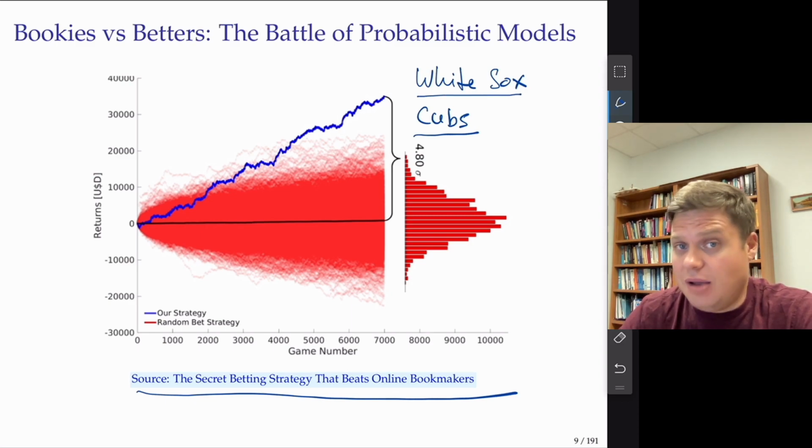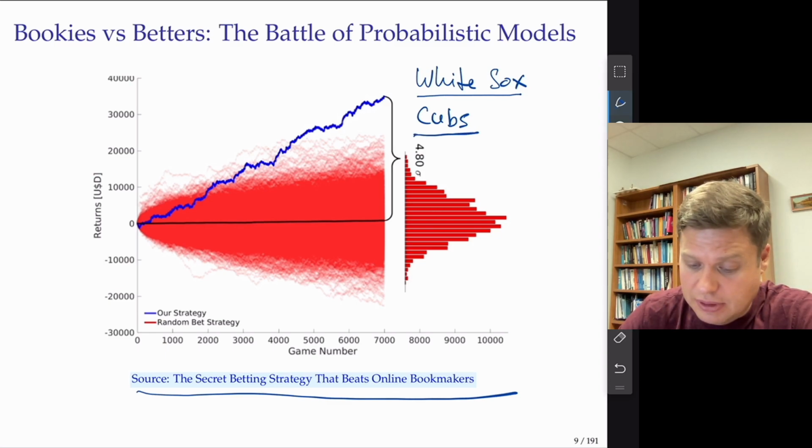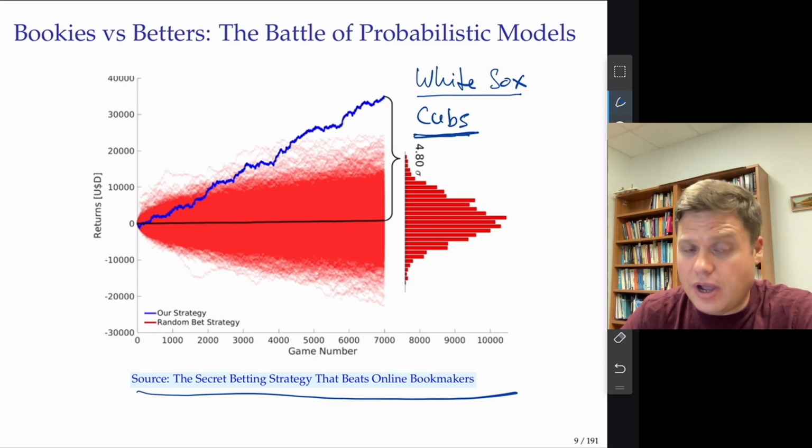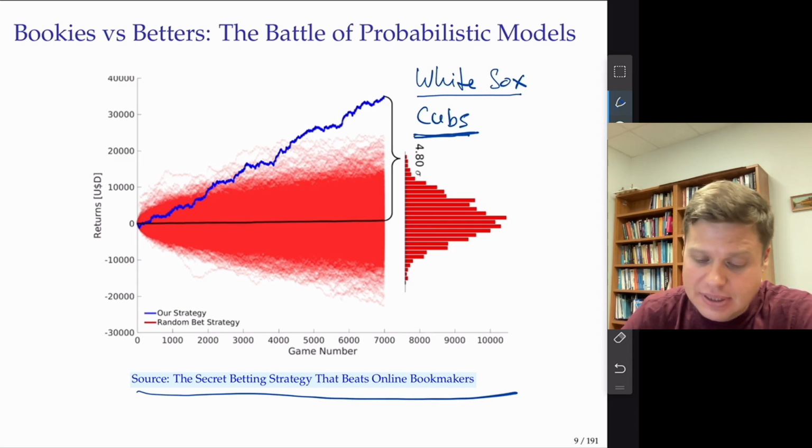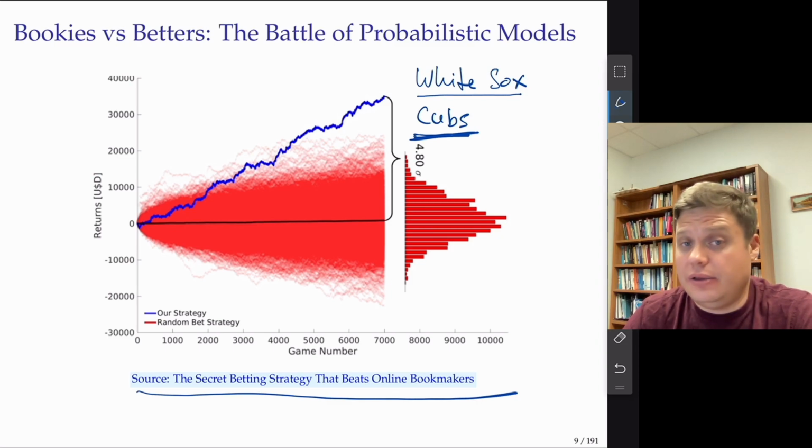However, the Cubs' fan base is much stronger, so more people follow the Cubs, and when White Sox play against Cubs, a lot of people will place a bet that the Cubs will win. If the Cubs indeed win, bookies will lose a lot of money because many bettors bet on the Cubs, and the odds are in favor of the White Sox, so the payouts will be relatively sizable.